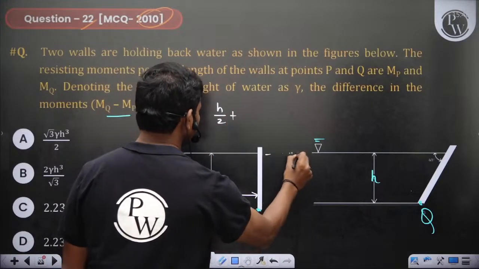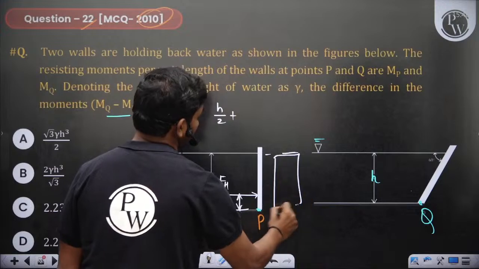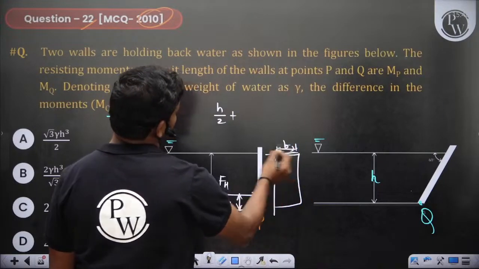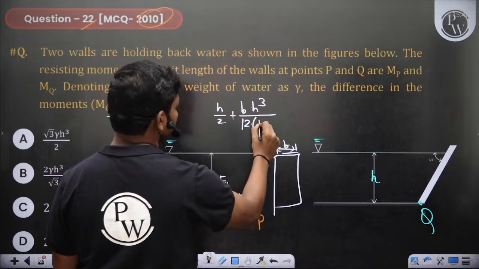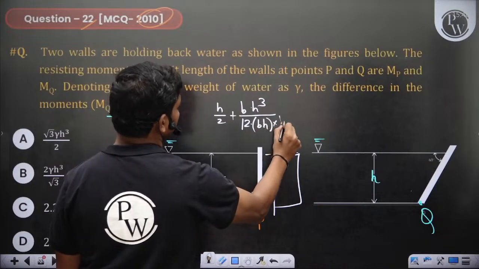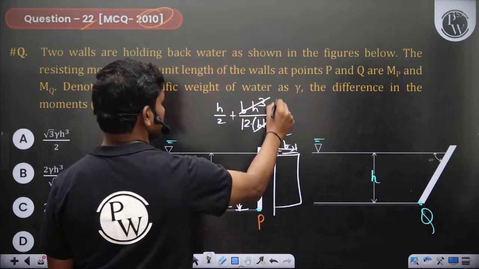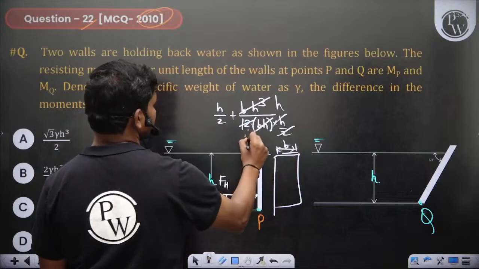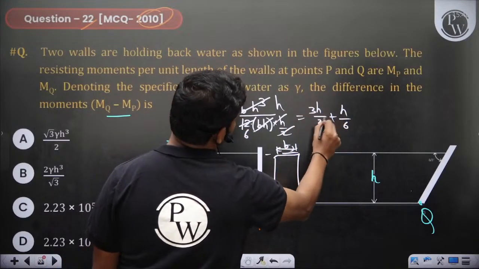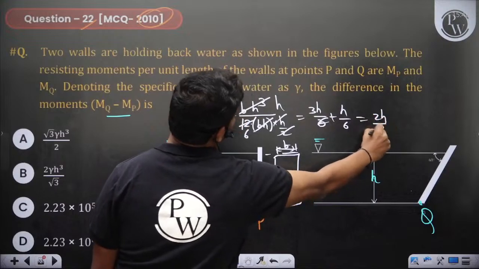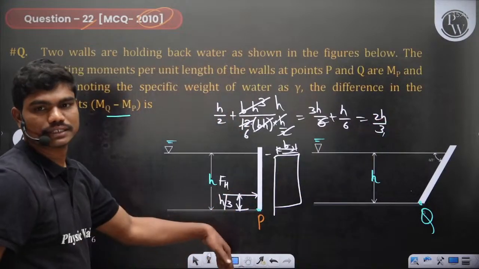So if you take this value, this is b, so b d cube by 12 into area into h bar. So this gives you h by 2 plus h by 6. How much will this be? 2h by 3 is the depth of center of pressure. So definitely from the base it's going to be h by 3.